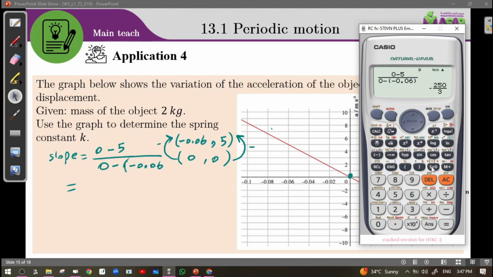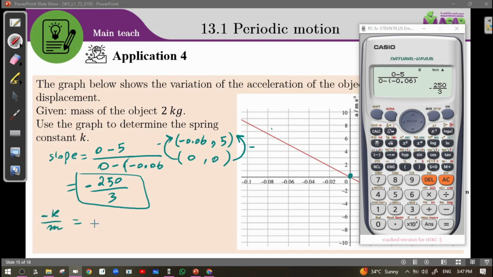And the answer is minus 250 over 3. Now we know this value represents minus k over m, so let me make them equal. So minus k over m is equal to minus 250 over 3. Now we know the value of the mass is 2, so let me substitute here 2, which is equal to minus 250 over 3.